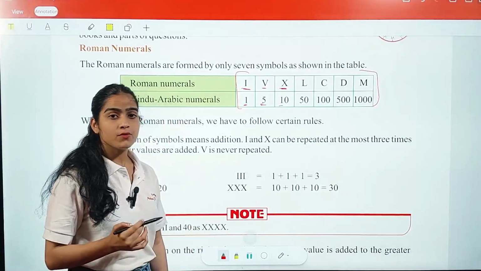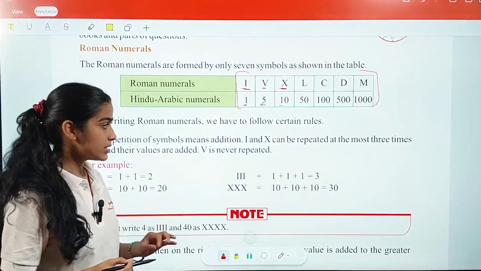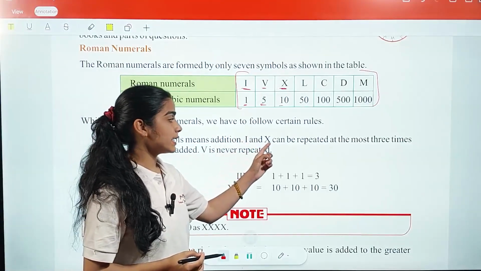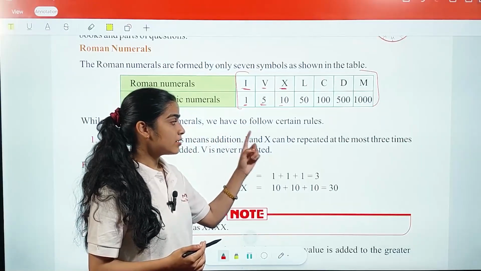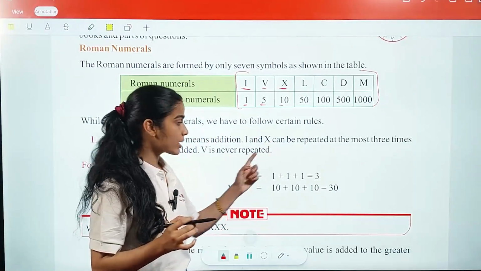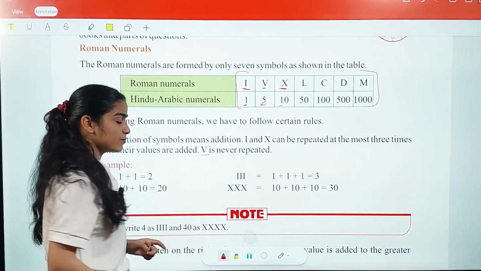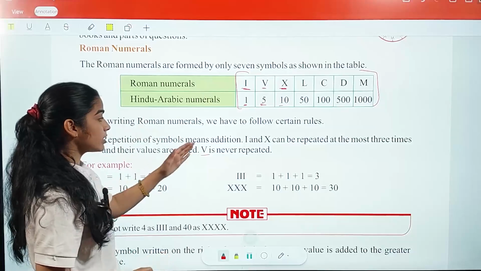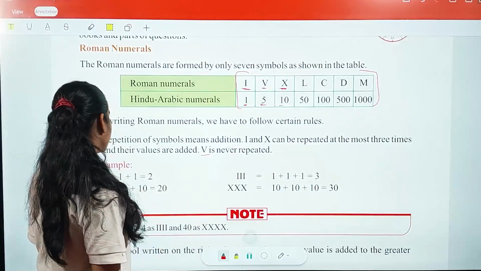So the first rule to keep in mind is that we can repeat I and X only 3 times, but we cannot repeat V, and the repetition of I and X is counted and added.